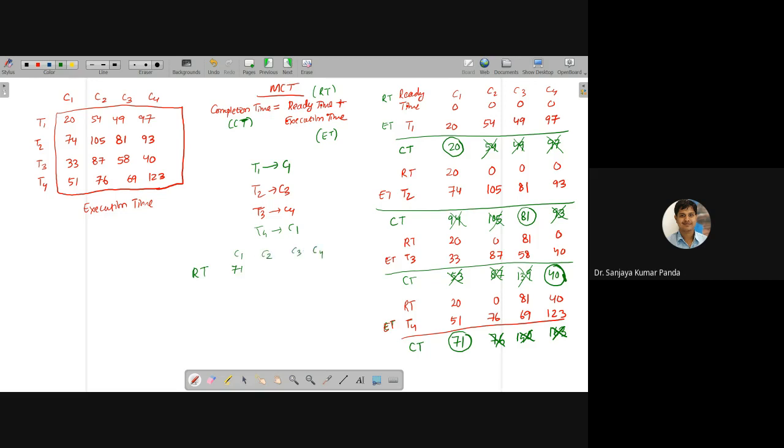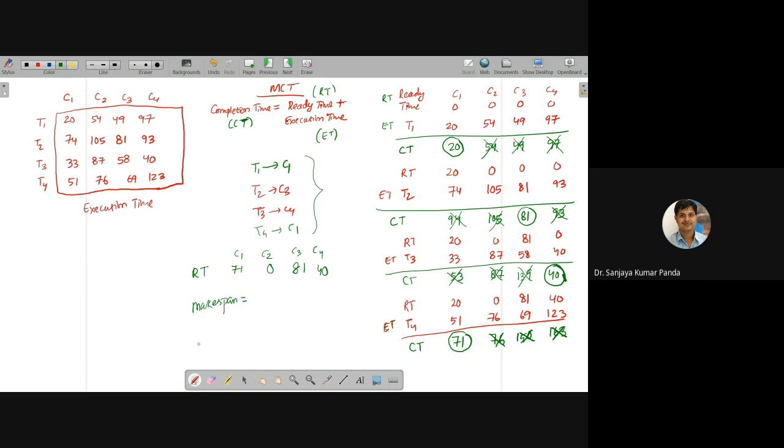C2 is 0, because there is no task assigned to C2. In the C3 case it is 81, and in the C4 case you are getting 40. So can you tell me what the makespan is here?